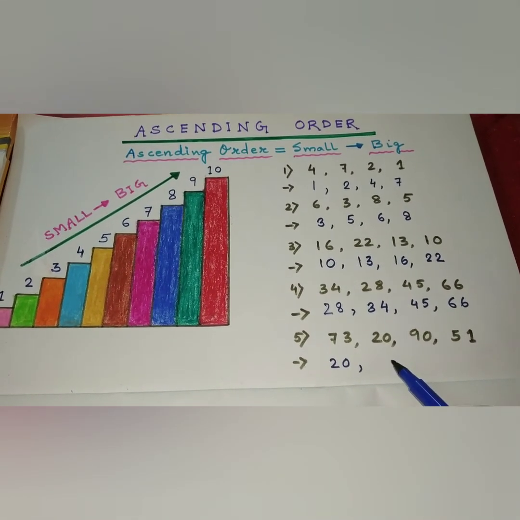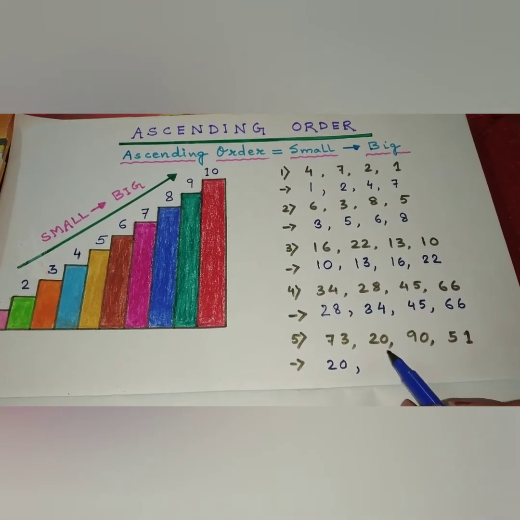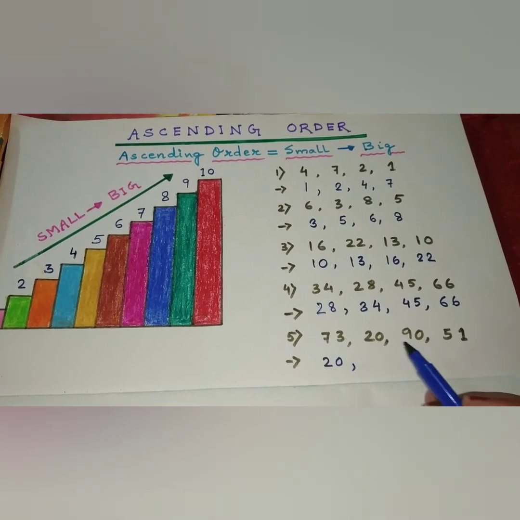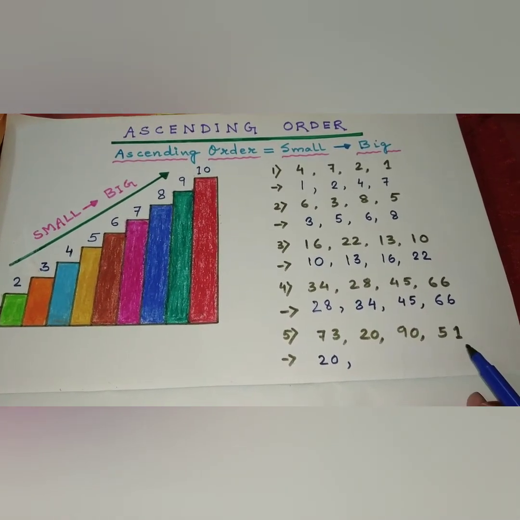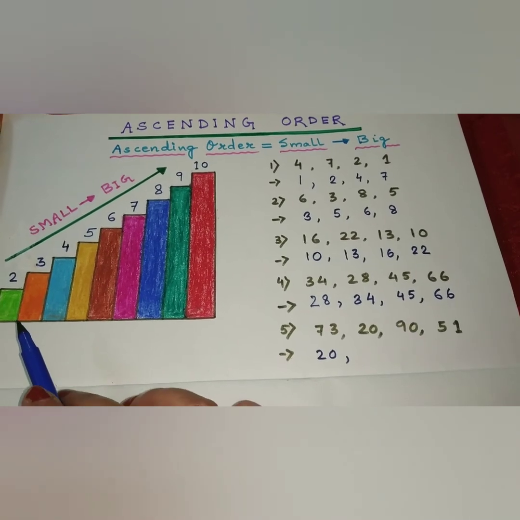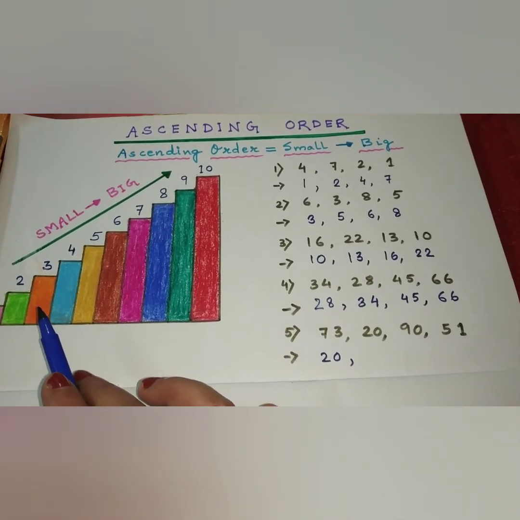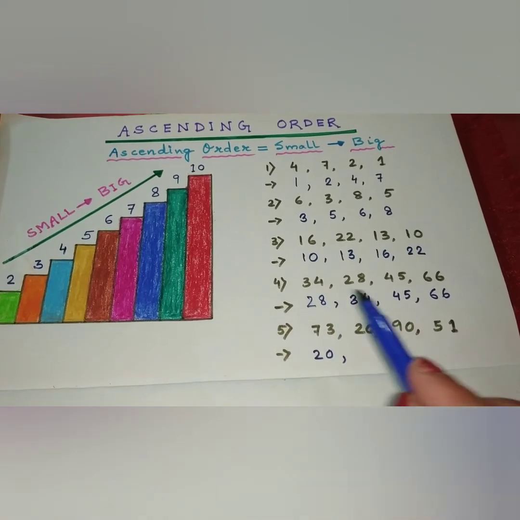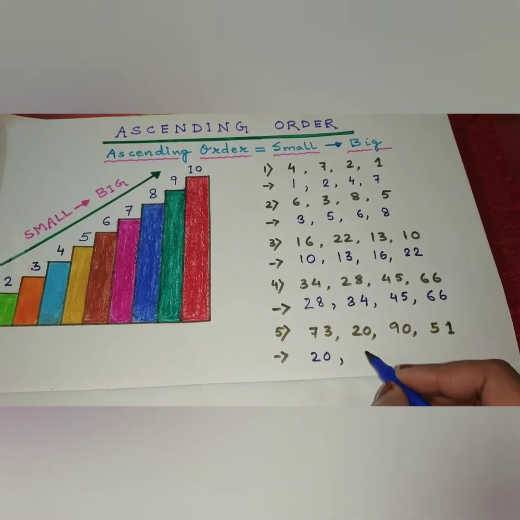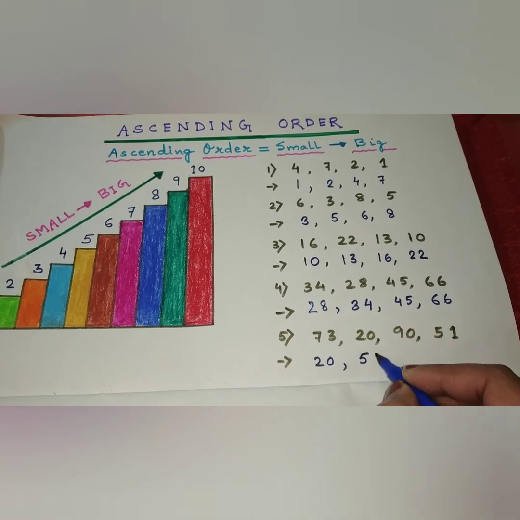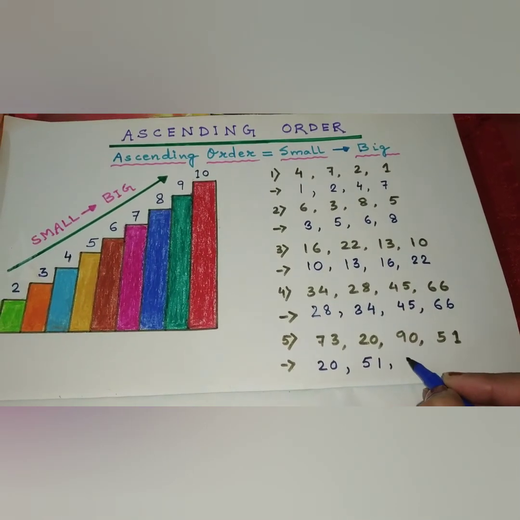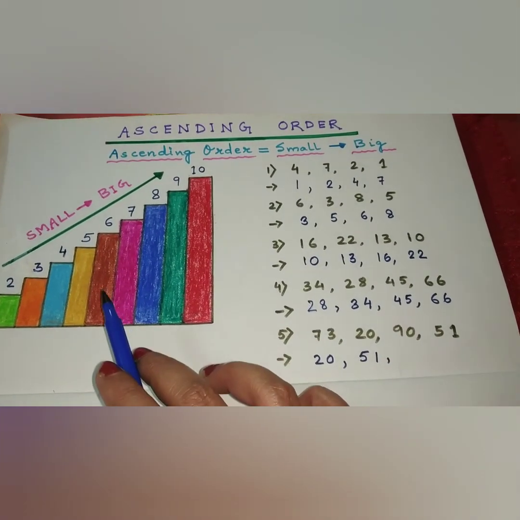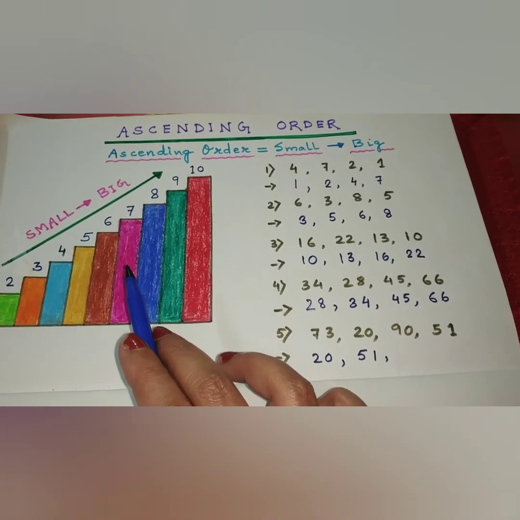Next small number, 20 completed, 73, 90 and 51. Let us see. After 2 which number is coming? 2, 3, 4, 5. So 5, that means 51.